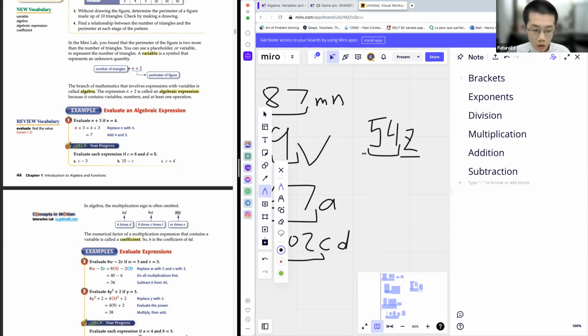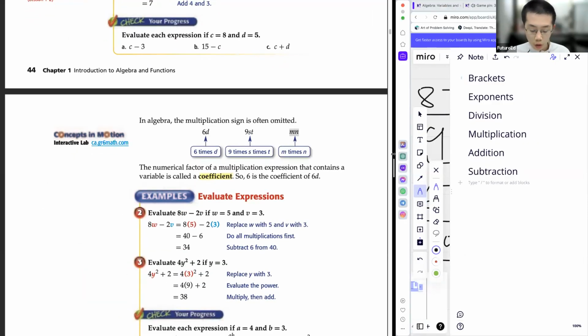All right. So you'll actually see coefficients a lot, especially in chemistry. You might have five of some element plus some other element becomes some other element. Well, I might be confusing you guys, but you will see coefficients a lot if you learn sciences, especially chemistry, and math in general, really.